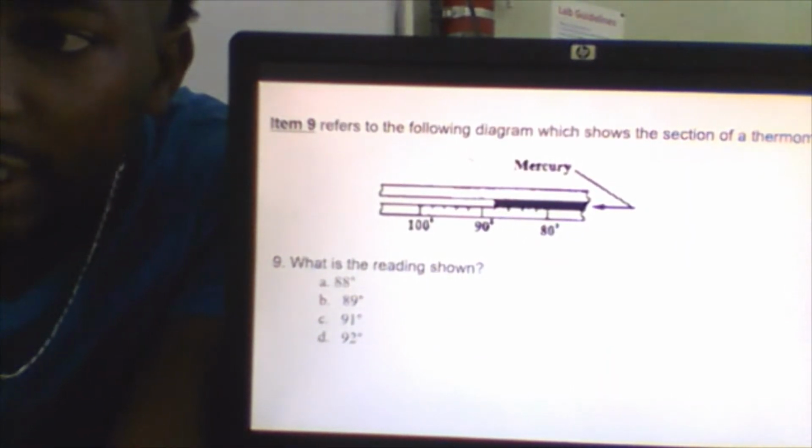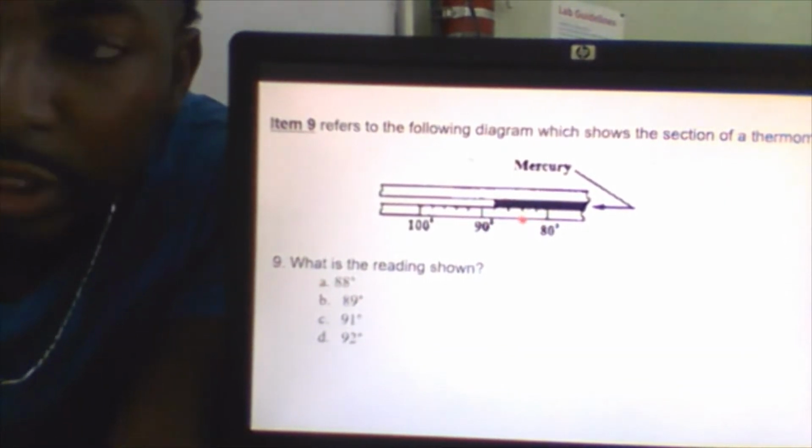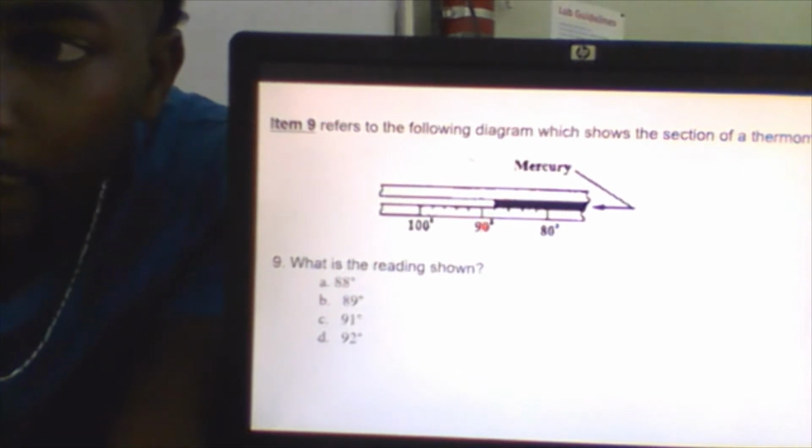It goes from 80, then to 90 here, and five graduations in between. So that therefore it shows 82, 84, 86, 88, then 90. Good. So therefore, the best possible answer there is 88, right? 88.